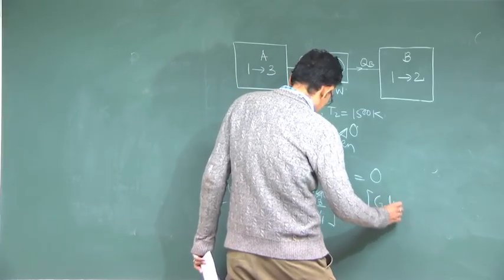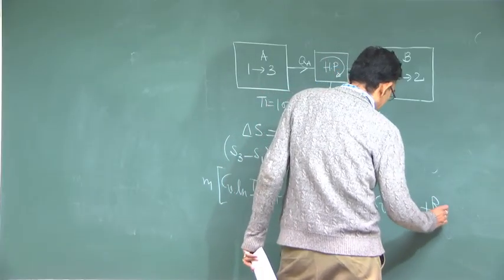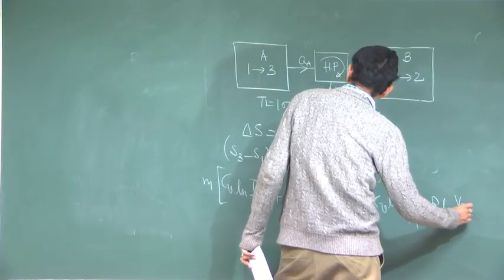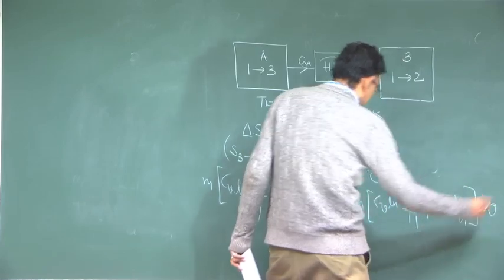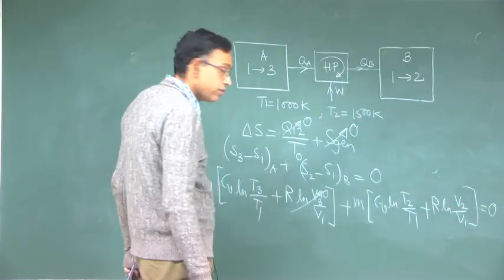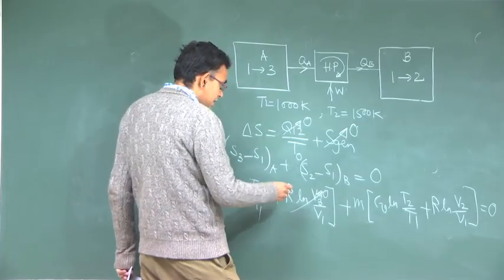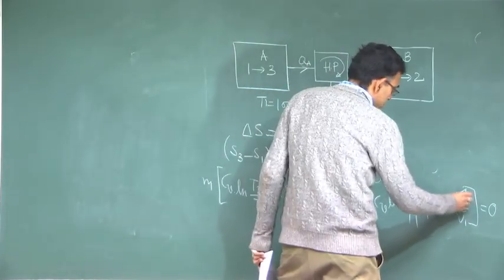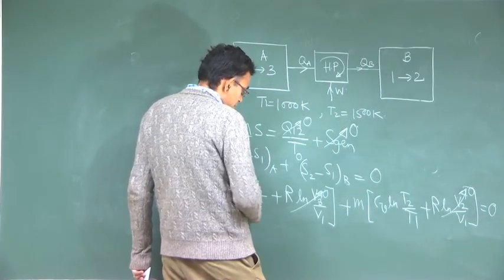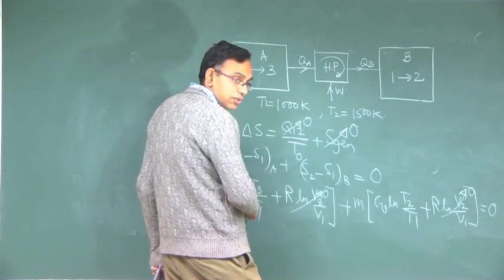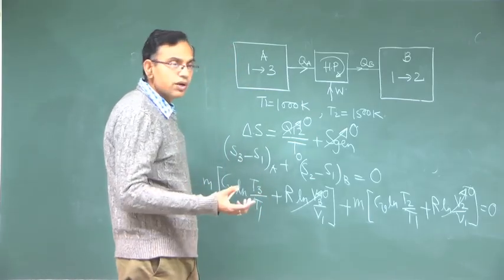Similarly, CV ln T2 by T1 plus R ln V2 by V1. Okay. So, you can from here get ln T3 T2 by T1 square is equal to 0, that means T3 T2 equal to T1 square.